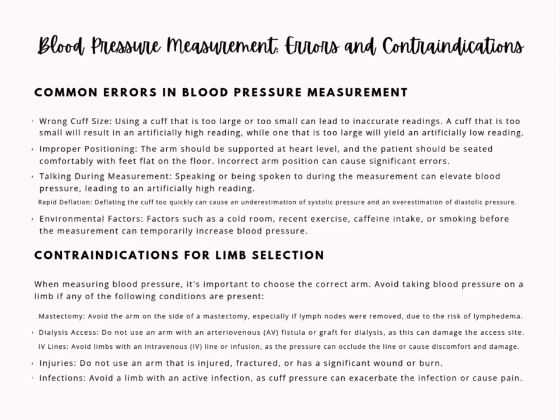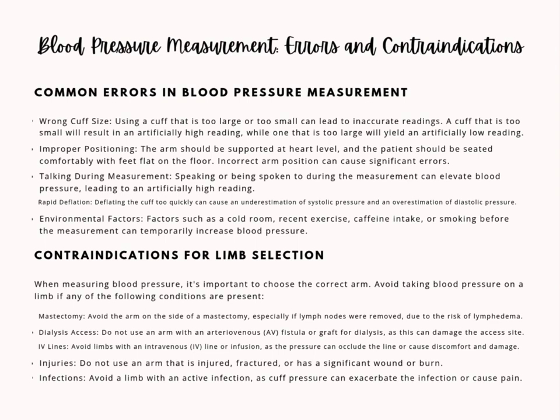Oftentimes, they'll have either only one breast removed, and we would not use that arm on that side, or if they had both, one's typically a radical mastectomy and one's a simple mastectomy, meaning the side that had the breast cancer in it, they probably also removed a lymph node on that side.